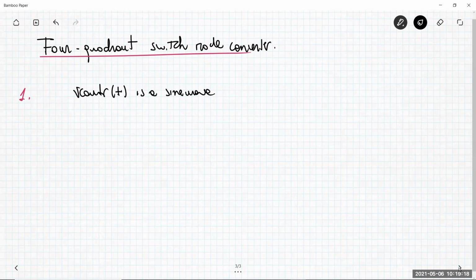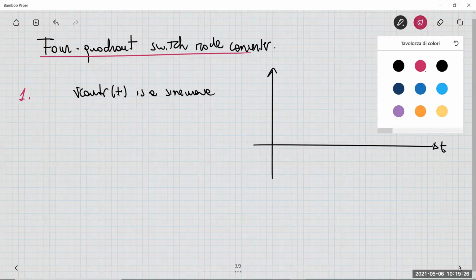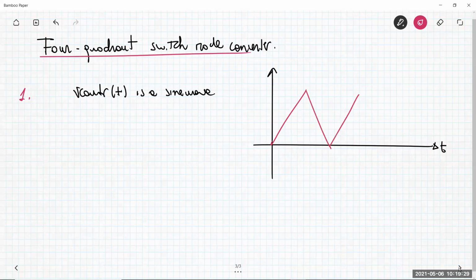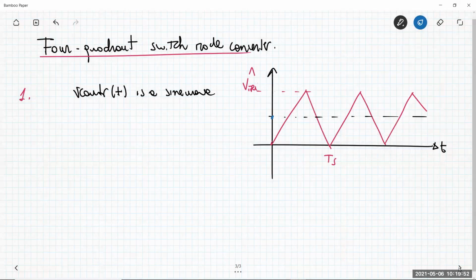For example, let's suppose that we have this waveform here. This triangular voltage is our triangular carrier that you have inside the pulse width modulator. This peak value is the triangular peak voltage. The frequency is the switching frequency of our converter, and then we have the control voltage, something like this.